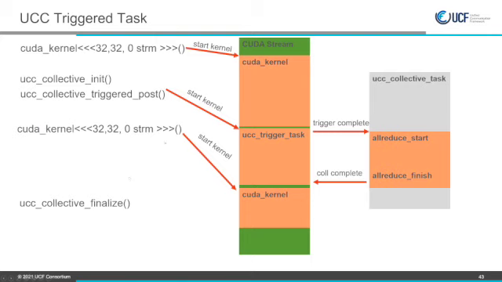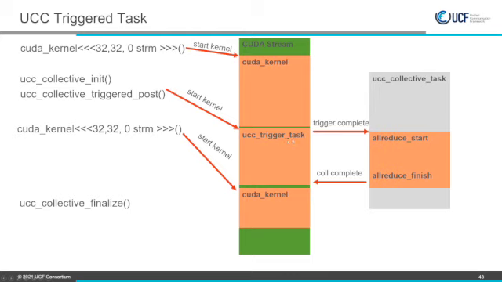So how it looks: first we start a CUDA kernel. It occupies a stream. Then we do UCC collective init. It creates a UCC collective task. And then we do triggered post. Triggered post enqueues a trigger task to the stream. And then the UCC collective task subscribes to an event from the UCC trigger task.